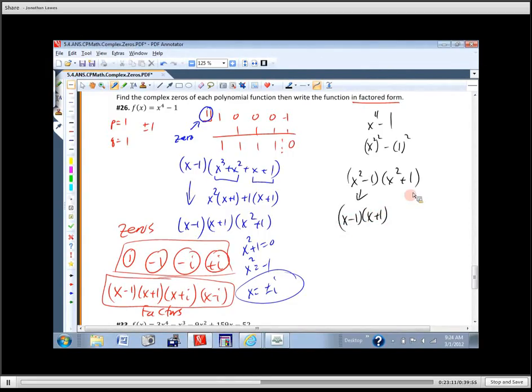And negative 1 is the perfect square of i. So this factors to x minus i and x plus i. And what's the 0 that comes from here? 1, negative 1, i, and negative i.